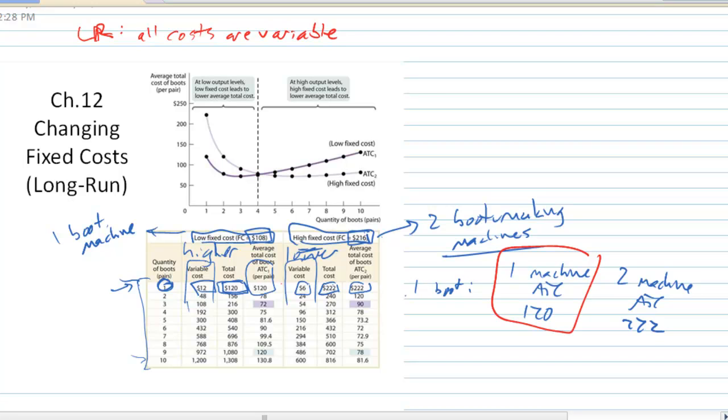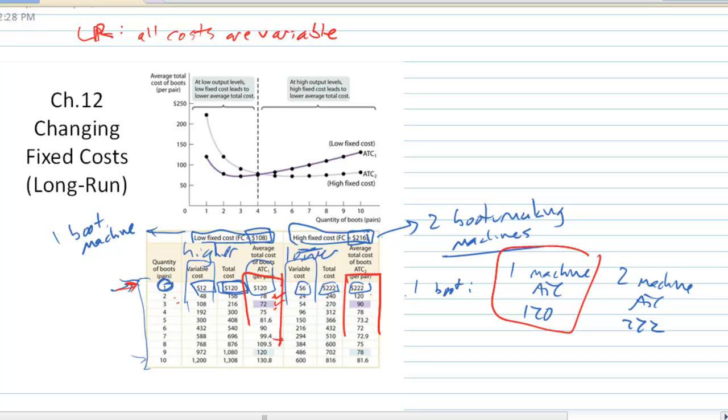If we compare down this column and this column, we can see whether 1 machine or 2 machines are better, depending on how many boots we want to produce. With 1, we already said. With 2, we're comparing 78 and 120, so again, it's 1 machine. With 3, 72 and 90, again, 1 machine.